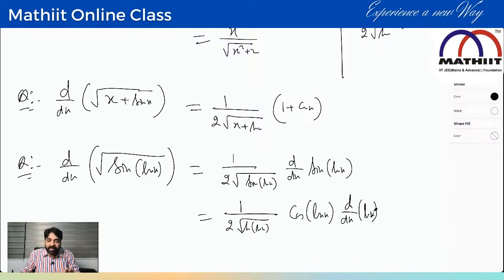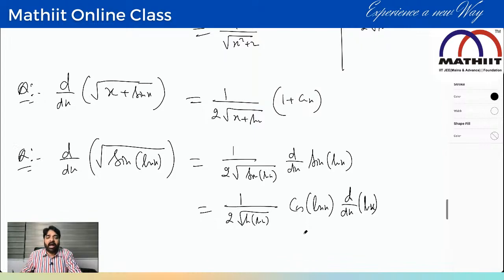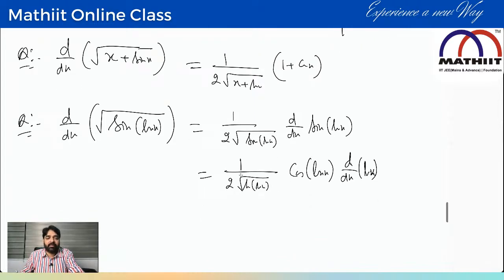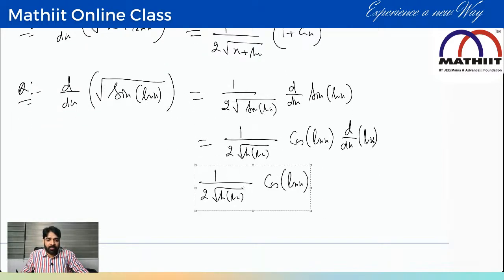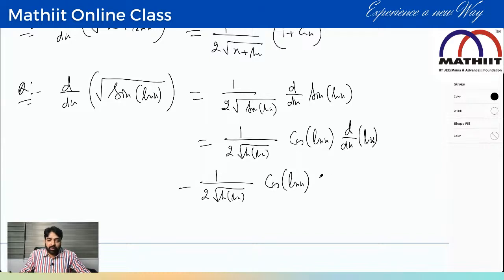But here something is x, so take it as x only, because x differentiation is 1. So finally your answer will become 1 by x, because d by dx of ln x equals 1 by x.